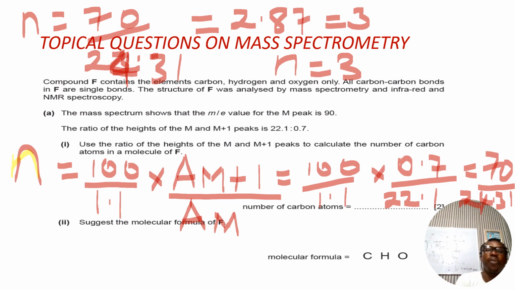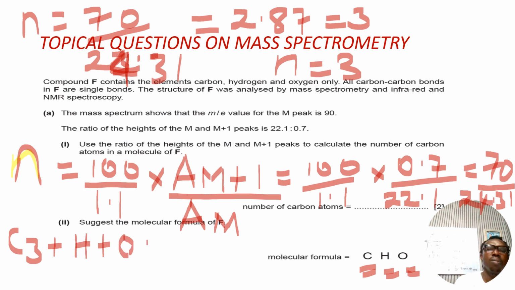Now the next question is, suggest the molecular formula of F. It contains carbon, hydrogen, and oxygen. So carbon is already 3. So we have 3 atoms of carbon plus hydrogen plus oxygen equal to 90, which is the molecular ion peak, equivalent to the molar mass.